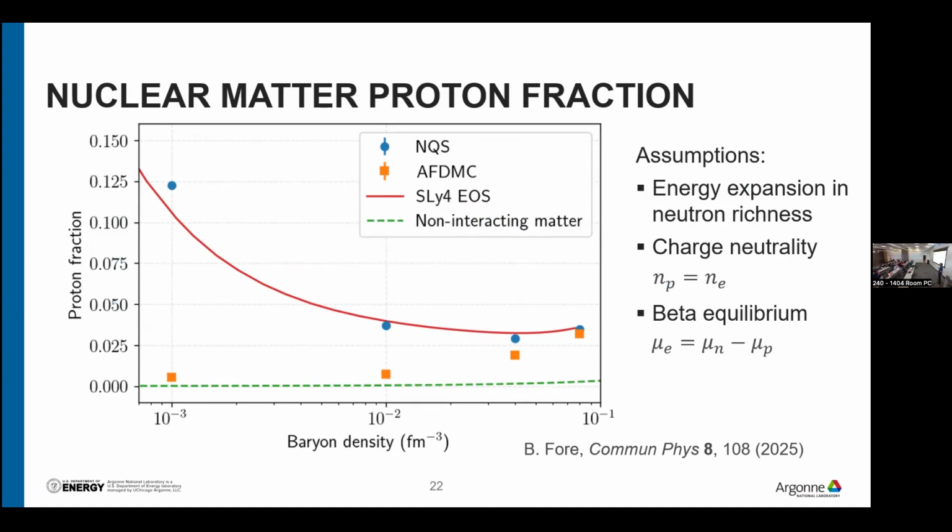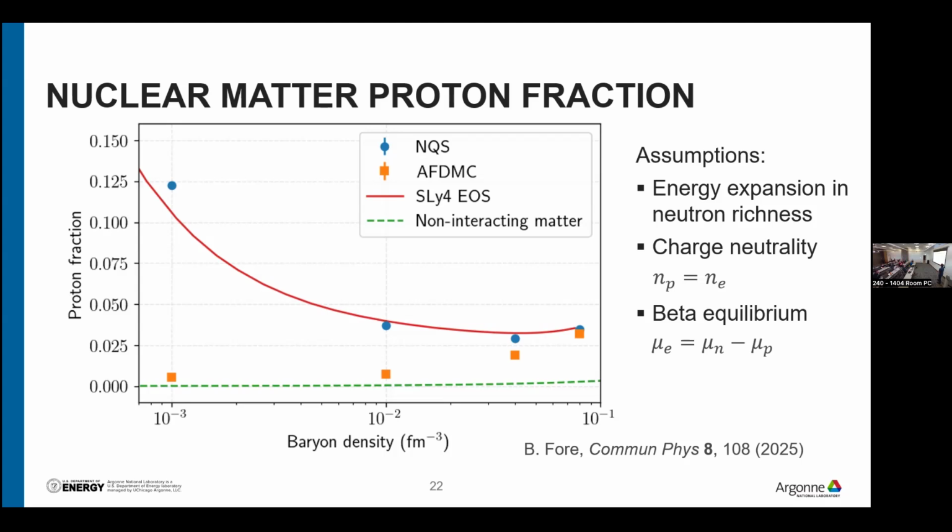And this depends exclusively on the symmetry energy, which means we only really need to do pure neutron matter and symmetric nuclear matter calculations. Given these and a few assumptions like charge neutrality, we can calculate what the proton fraction should be in beta equilibrated matter of neutron stars that we would expect to see in a cold neutron star.